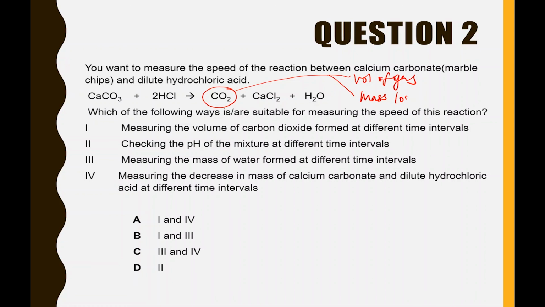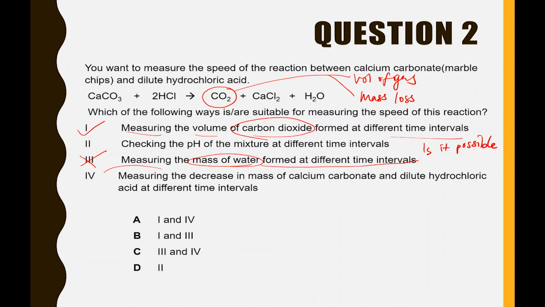Next, measuring the mass of water. Is this even possible? Can you isolate water and find the mass produced? Perhaps not. But if any of you find a method, you can approach one of your chemistry teachers and discuss the method with us. Lastly, measuring the decrease in mass of calcium carbonate and dilute hydrochloric acid. So this is our method 2, measuring the decrease in mass of the reactants.